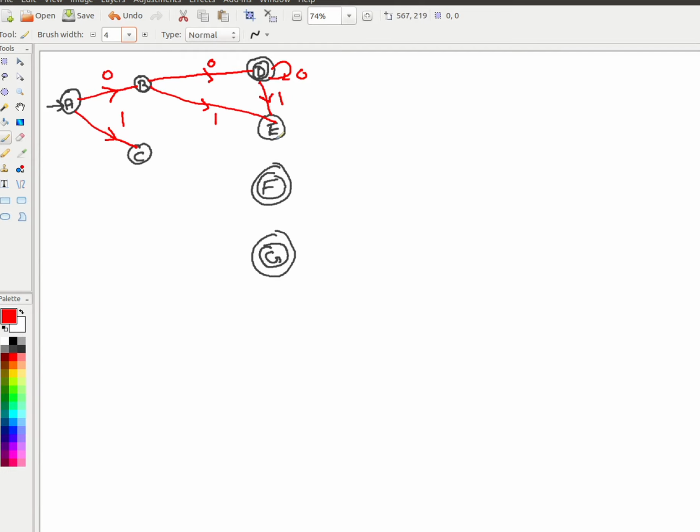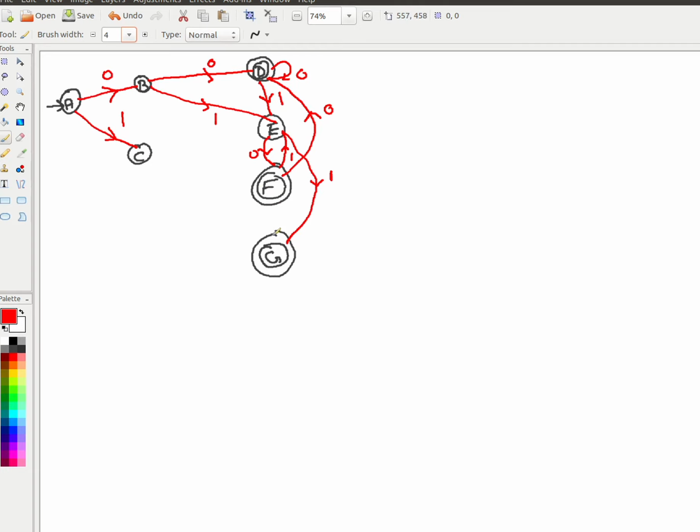E at 0 goes to F, E at 1 goes to G. F at 0 goes to D, F at 1 goes to E.